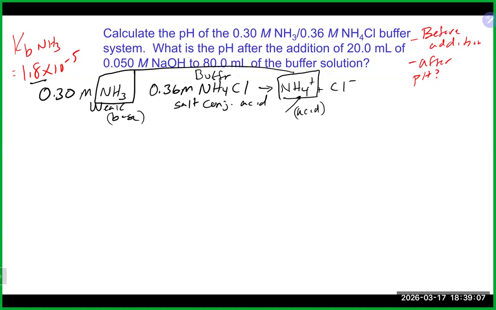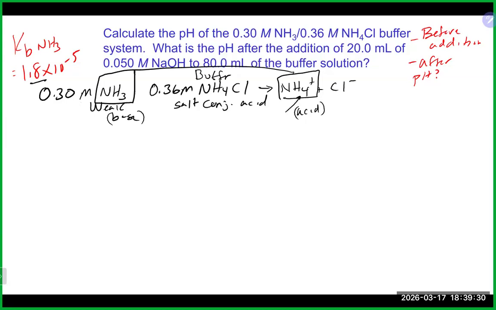It's just the buffer itself, which means we don't have to worry about doing things in moles, because we haven't added any volume to it. We also have two choices as to how you could get the pH of the buffer. You can either do an ICE table, or you could do the Henderson-Hasselbalch equation.